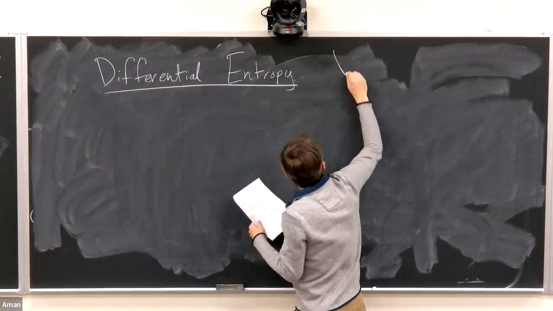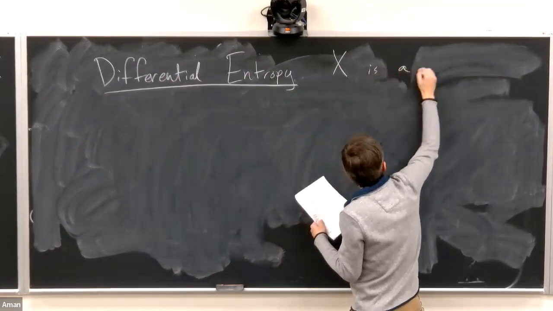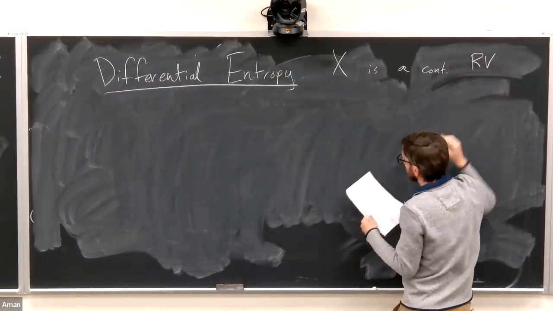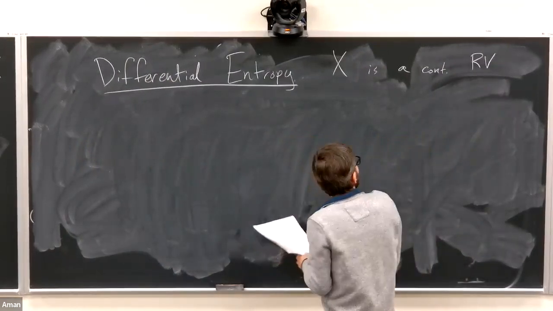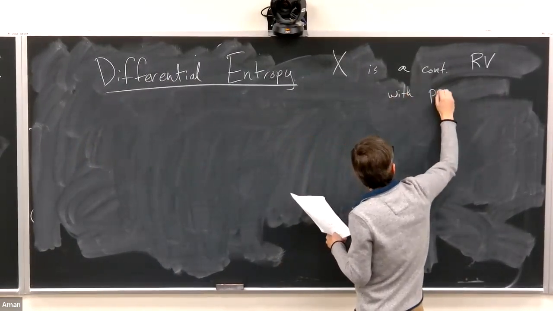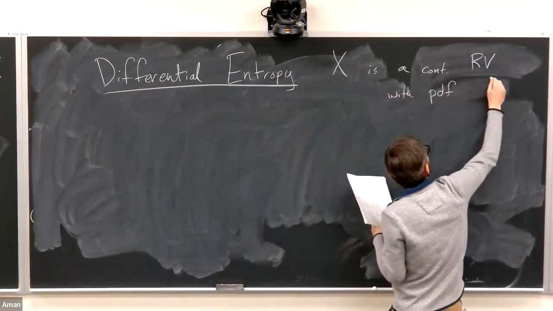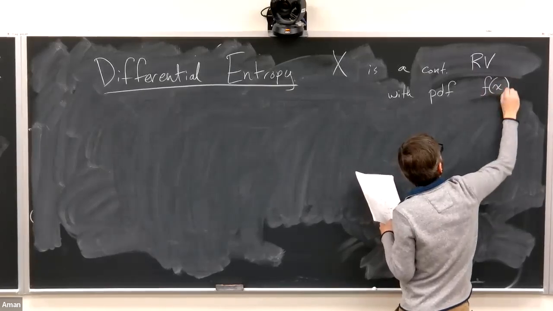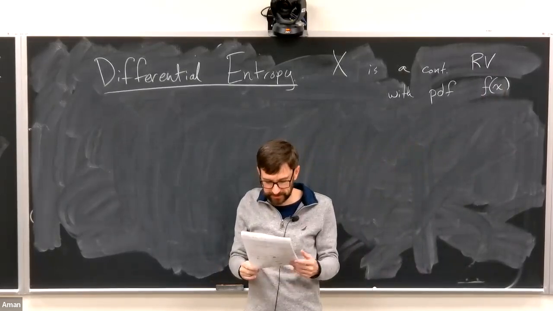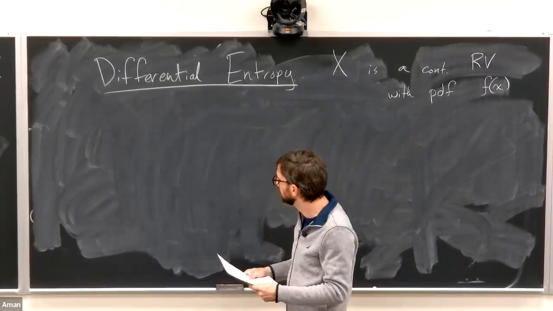Now X is a continuous random variable, and it has a probability density function, PDF, which I'll just write as f of x. I could call it p of x again, but just to distinguish it from the discrete case.